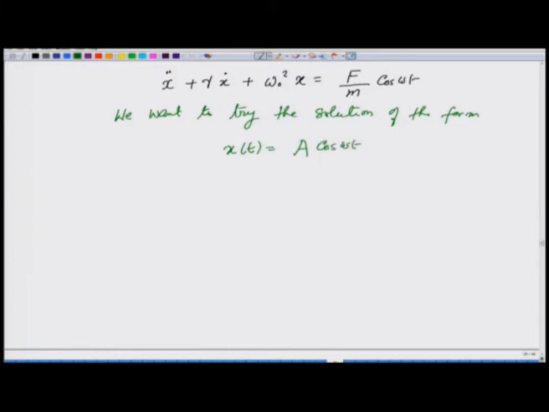Does this work? Let us see. The best way to look at it is to substitute this in the equation of motion.